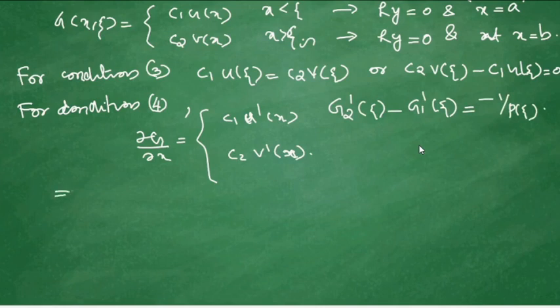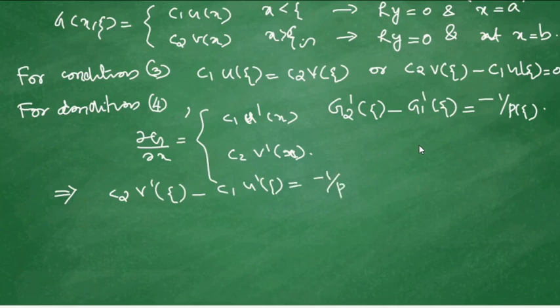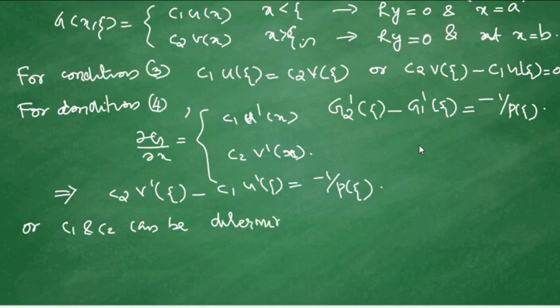So this implies, for this it must satisfy C2 into V dash of theta minus C1 into U dash of theta is equal to minus 1 by P of theta. So this must be satisfied, and C1 and C2 can be determined from these equations.